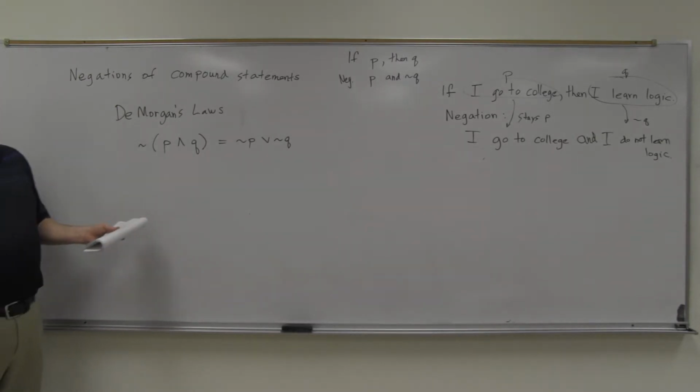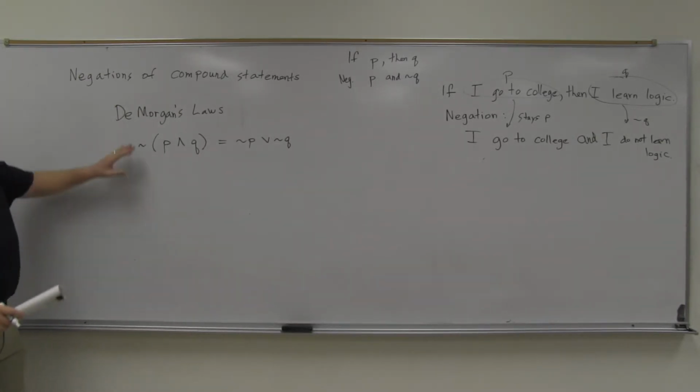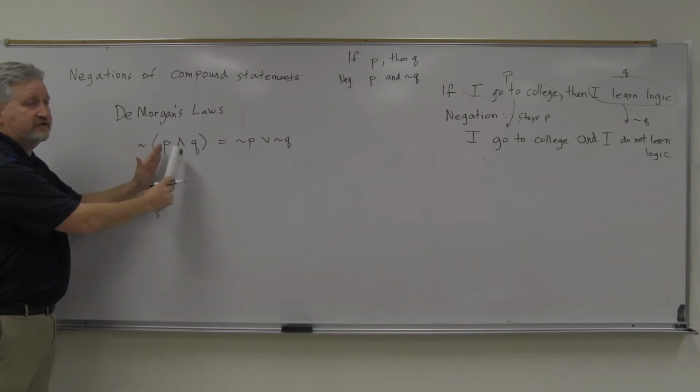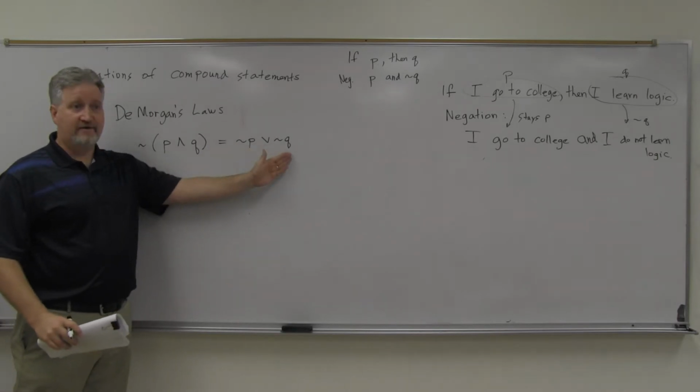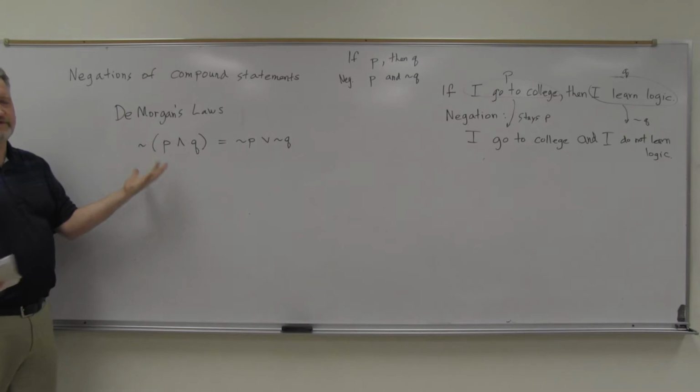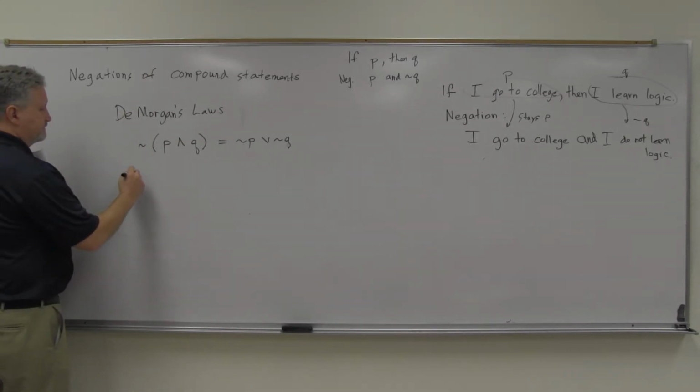Do you see that's just what we were just saying? So I've got P and Q and I'm negating that statement. Well, the negation of P and Q is not P or not Q, right? That's what we just said. So it's just restating it in a notational way here.